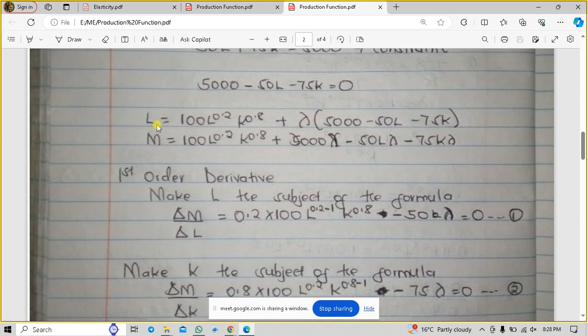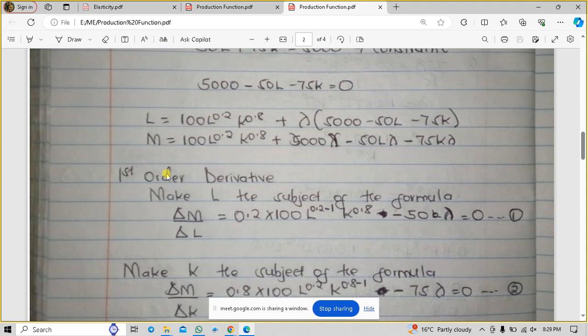Okay, I've said I'm introducing M so that I can distinguish this L and this L. That is why I've written M. You can see this equation is L and here the equation is starting with M.